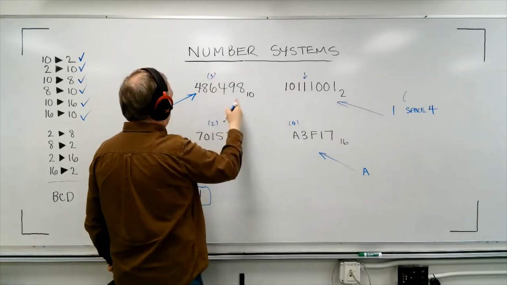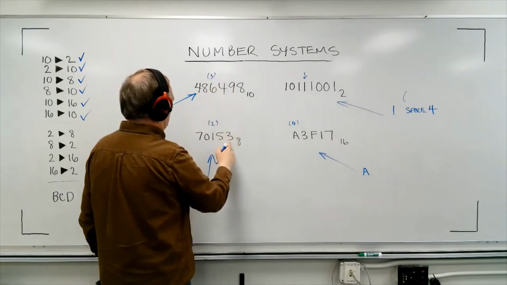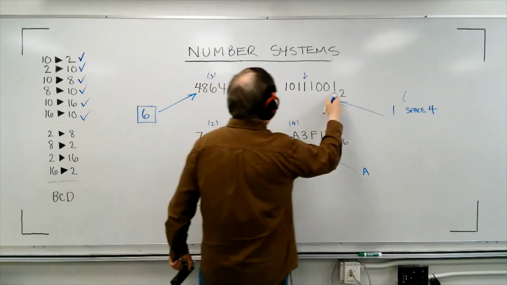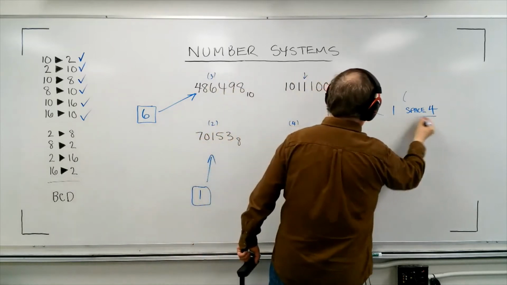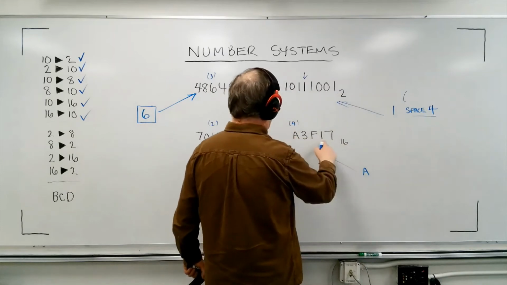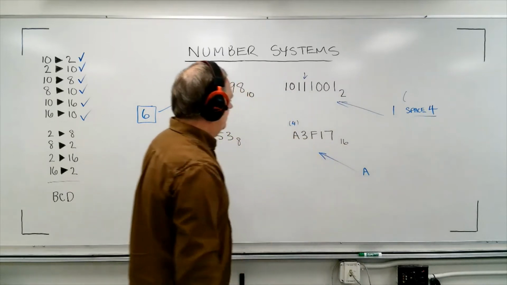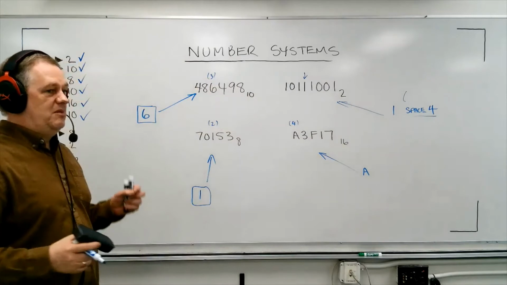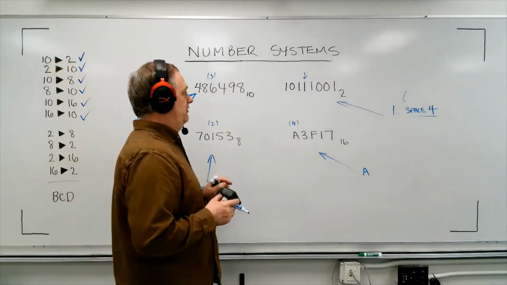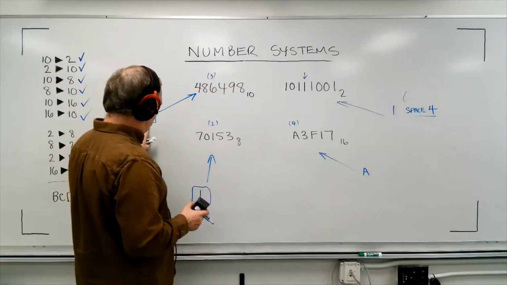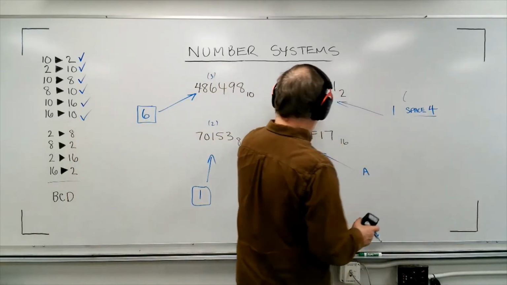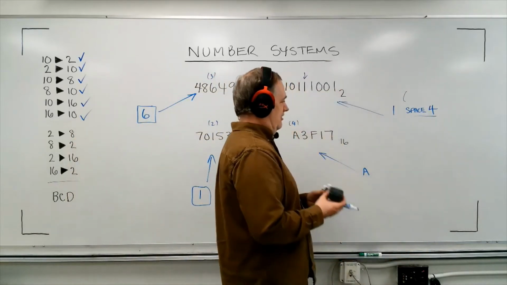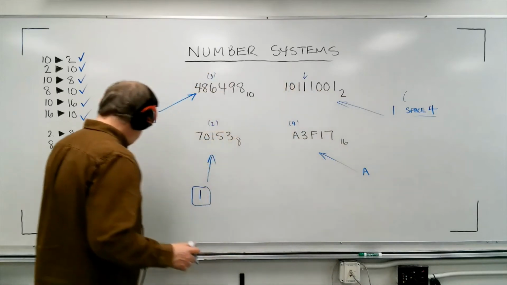This is in space 3. 0, 1, 2, 3. 0, 1, 2. 0, 1, 2, 3, 4. So you see that space 4. This one, 0, 1, 2, 3, 4. Okay. Now, the question is, how many actual items are represented by the 6, by the 1, by the 1 in this space, and by the A here, okay?